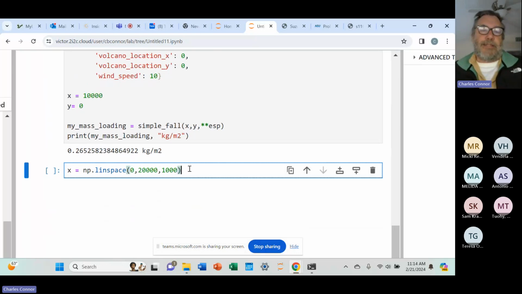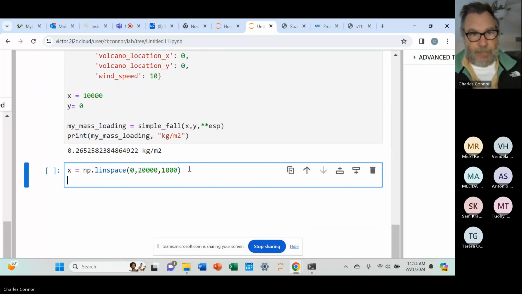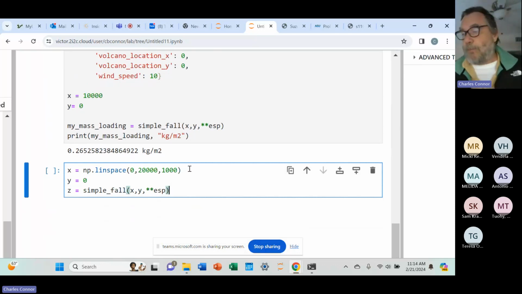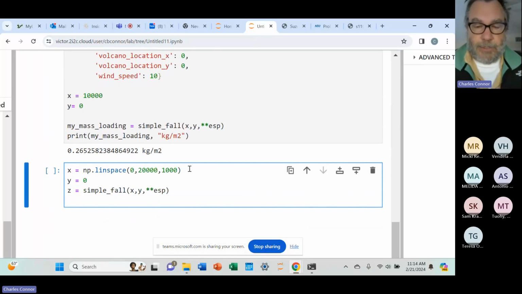When you use linspace, it's the number of values in that set. So y is equal to 0.